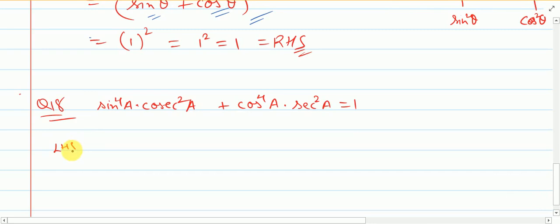So left hand side is this, this is your left hand side.